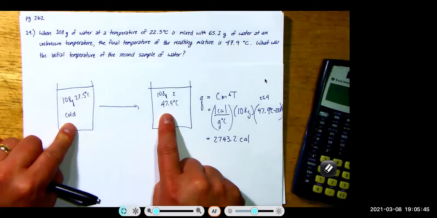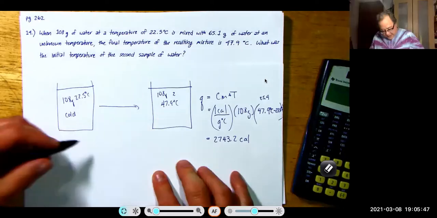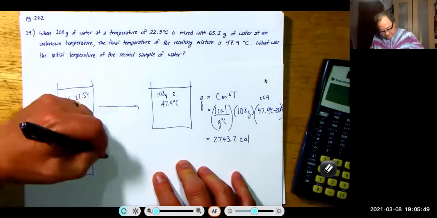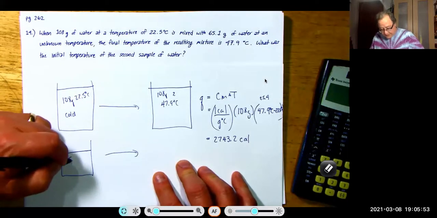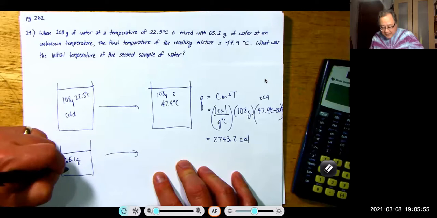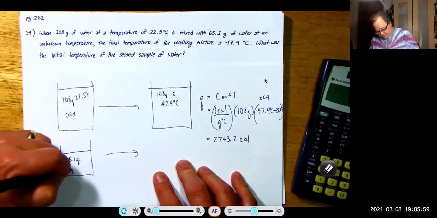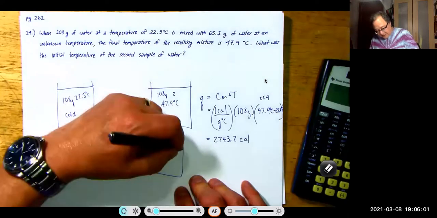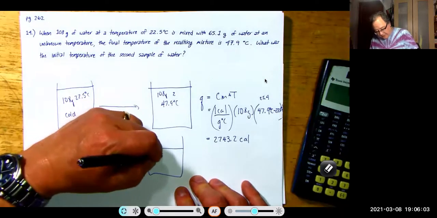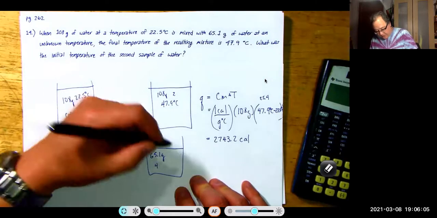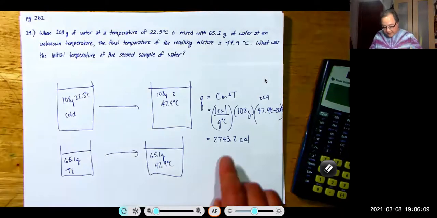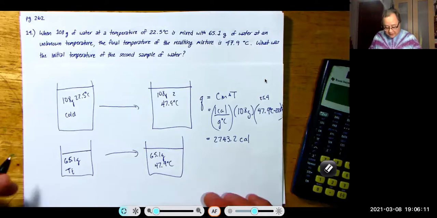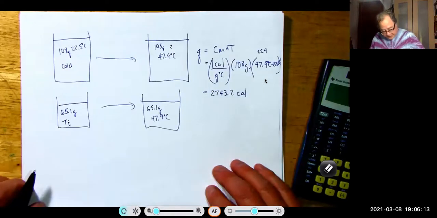Yeah. Okay. So what's going to happen with the hot water, where we have 65.1 grams, and it starts at, we don't know, and it still ends up being 65.1, but ends up at 47.9 degrees Celsius. We can do the same thing, except we do one little extra thing here, and that's this.